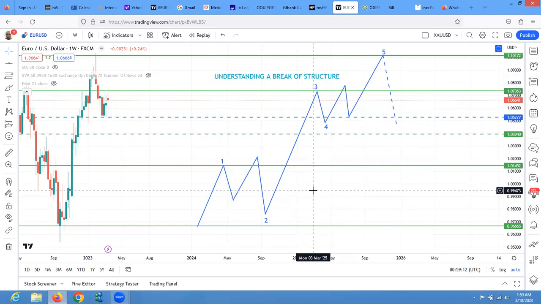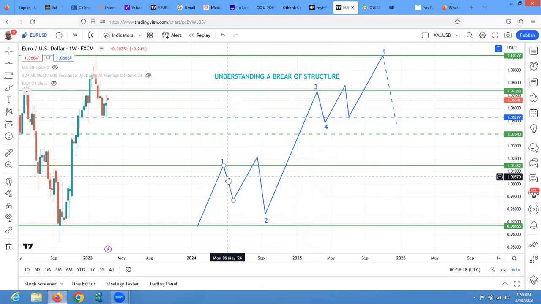And I will still get there. In 3 waves, for instance, if you are looking at structure in 3 waves, if this one has given you this wave here, and this is the first part of the correction, which is A, the structure of wave 1 has not been broken.